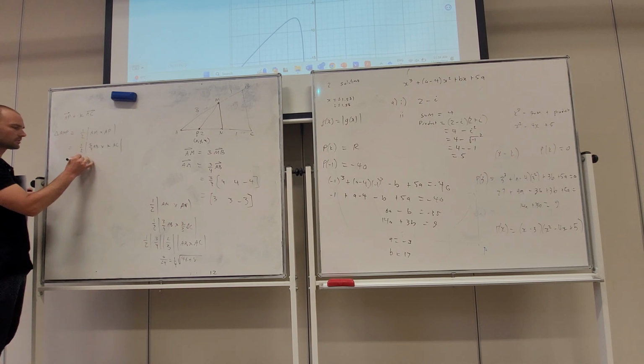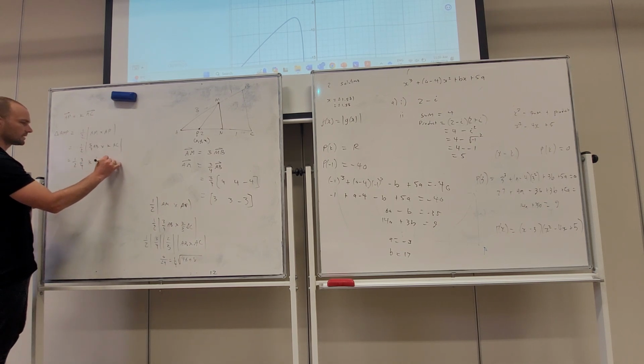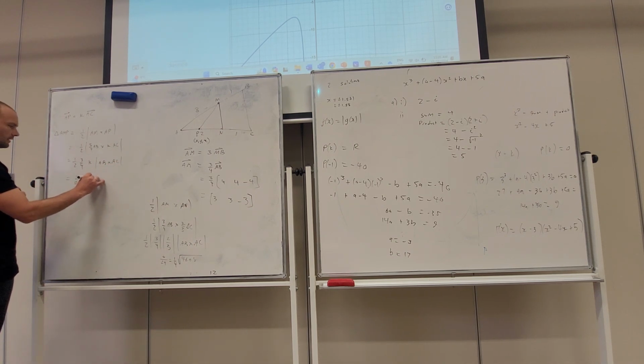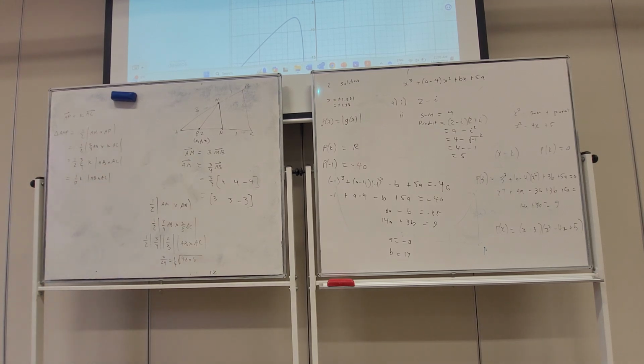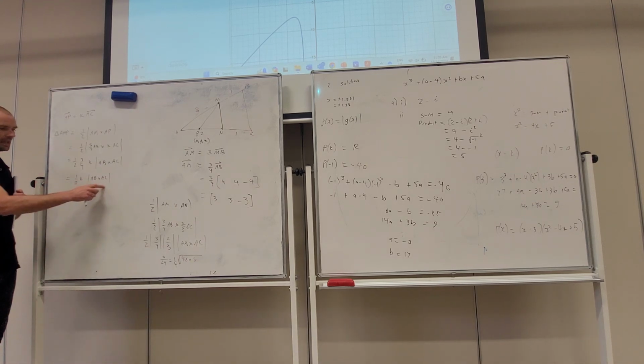We have half times 3 on 4 times K times AB cross AC. Now this equals 1 on 12 K AB cross AC. So this is the area of triangle AMP.